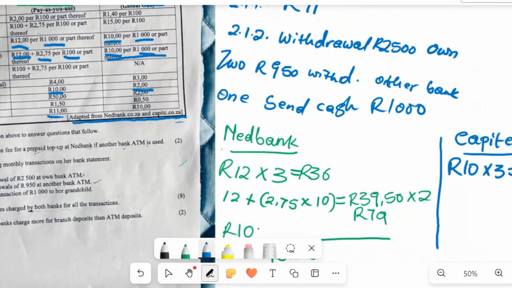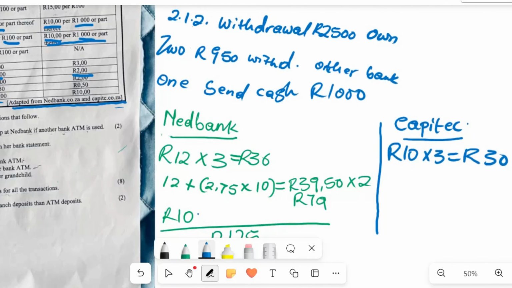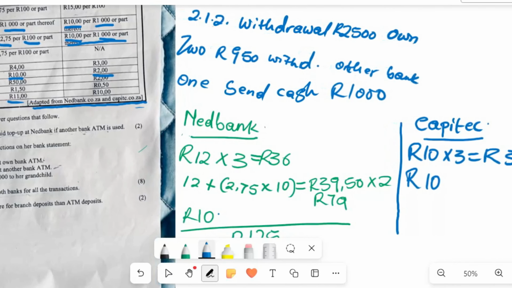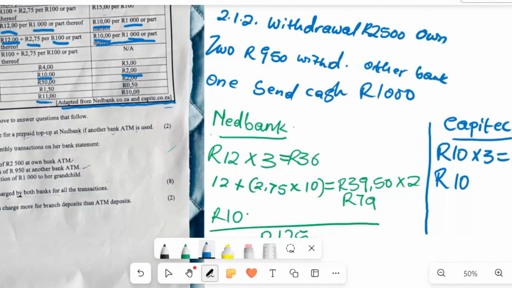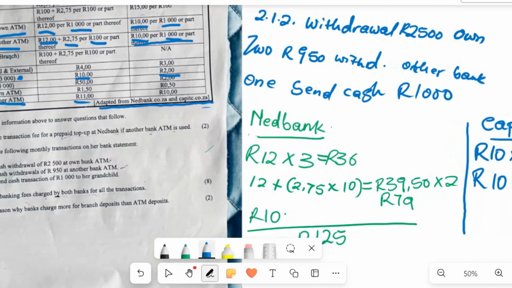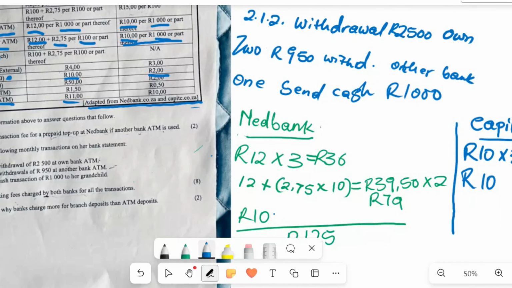That means she will be charged 10 rands and 1 cash cent, which is charged at just 2 rands.